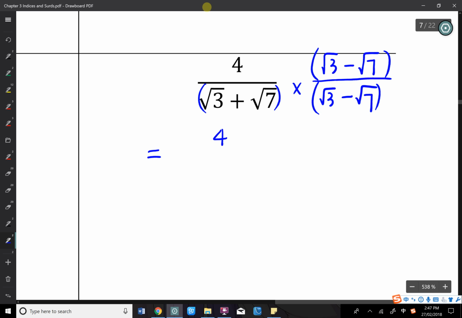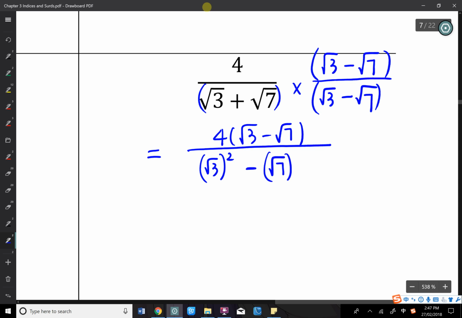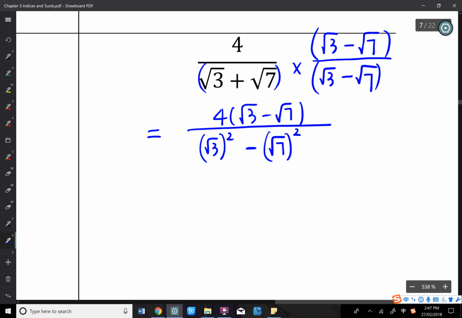So we have 4 times by root 3 minus root 7 over root 3 squared minus root 7 squared. Okay, do not expand yet. Let's just have a look at what the bottom looks like. 4 root 3 minus root 7, then it's 3 minus 7.